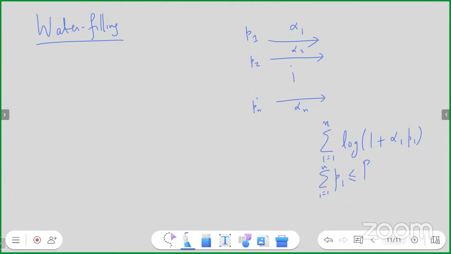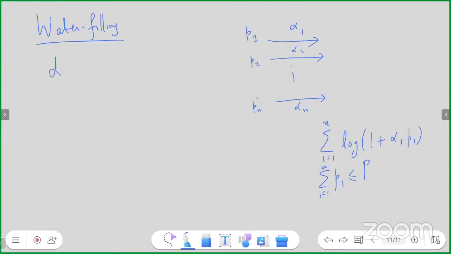Now, this problem, the answer will look like water filling, and the answer we get is from just applying our conditions. What will those conditions mean? Essentially differentiating and equating a lot of things to 0. So what will log of 1 plus alpha i p_i look like? 1 over, I'm just taking the derivative.